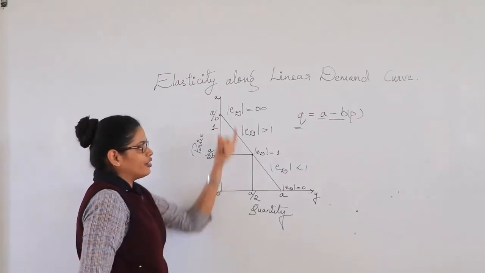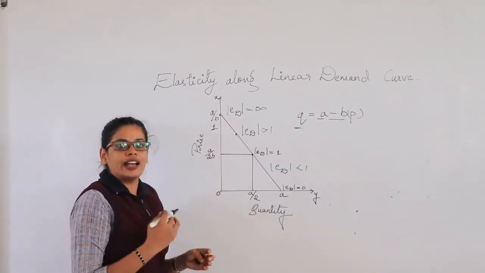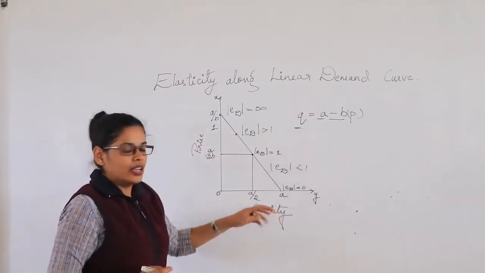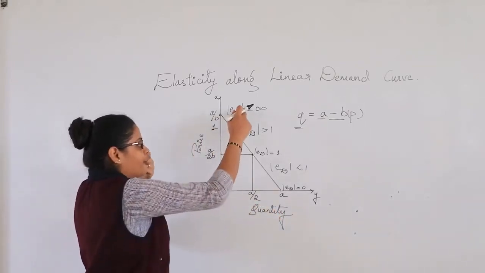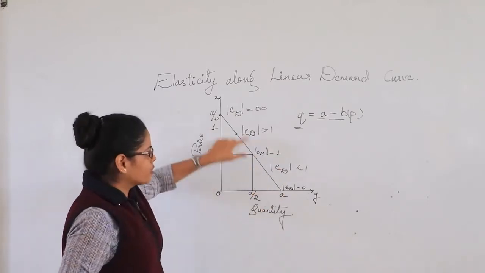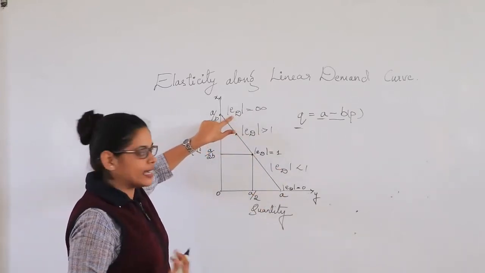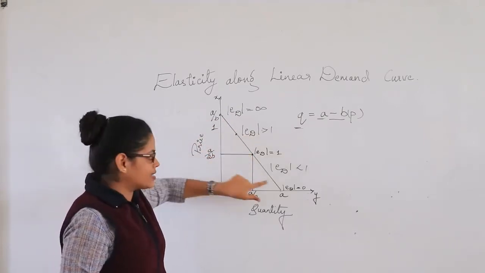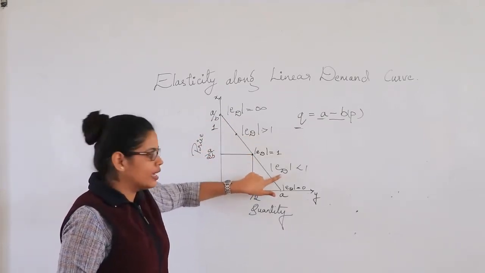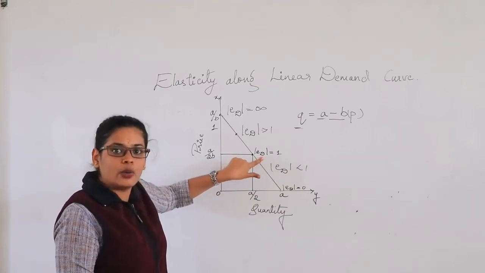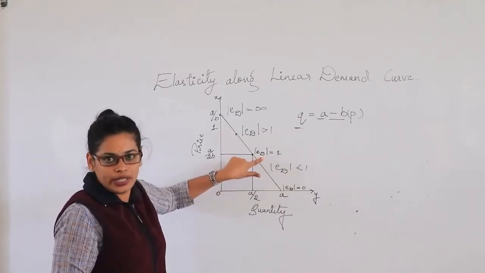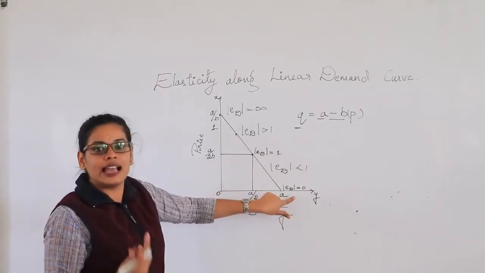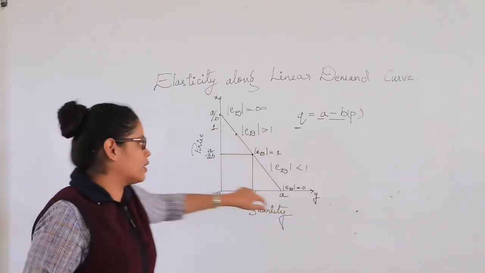So with the help of this demand curve, we are understanding the elasticity of price and demand. There are different types: elasticity of demand more than 1, less than 1, equal to 1, which we call unitary elasticity of demand, and one more, which is elasticity of demand equal to 0.